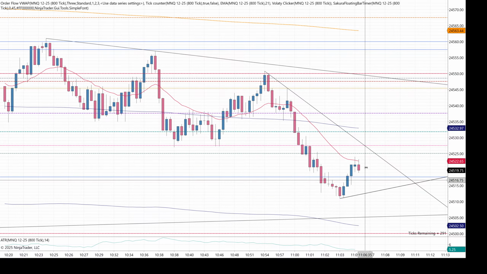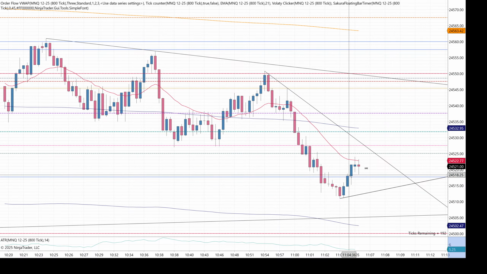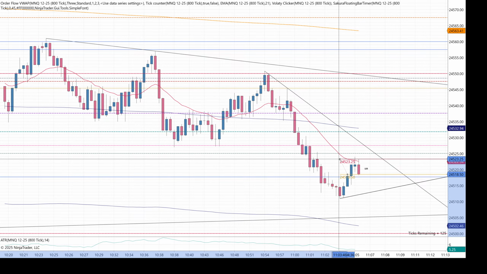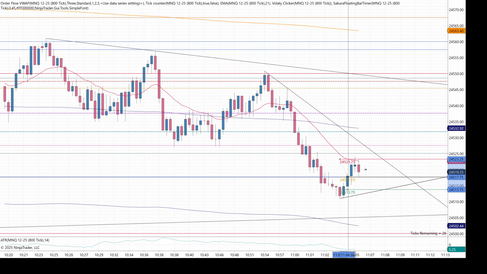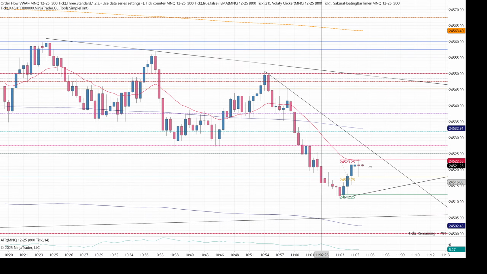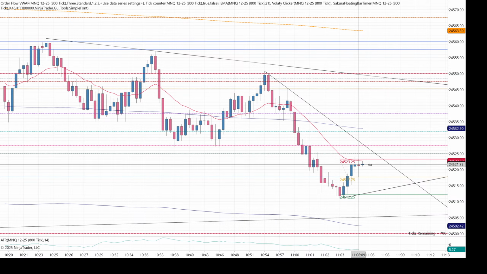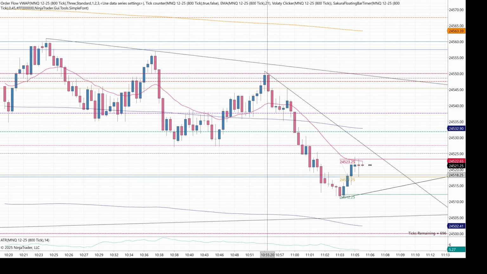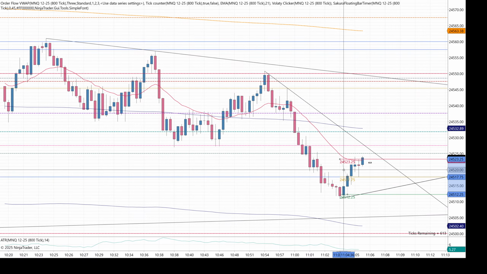This might be a trigger lower. I don't know if we have room before that trend line. We do. But it's not exactly the most convincing bearish candle either. So there you go, it didn't trigger.